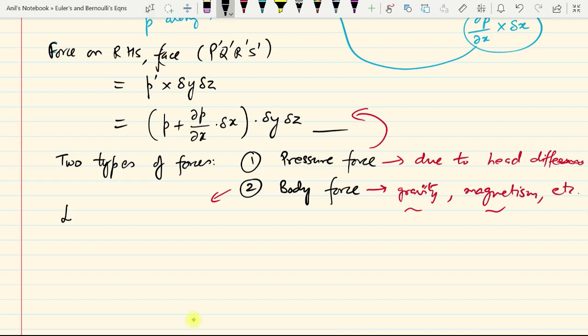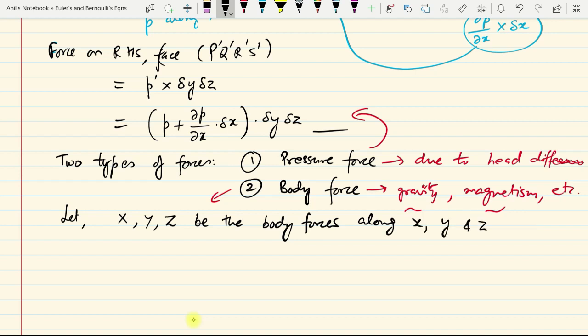Now let us say X, Y and Z be the body forces along the x, y and z axis per unit mass of fluid.